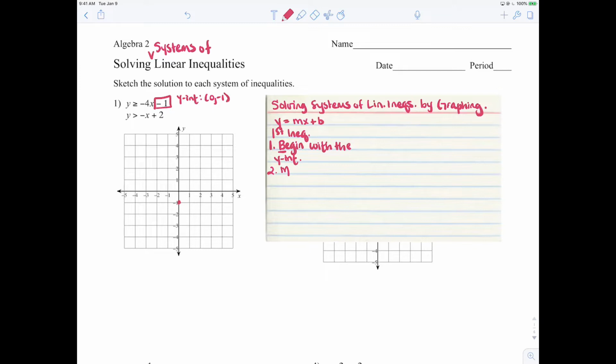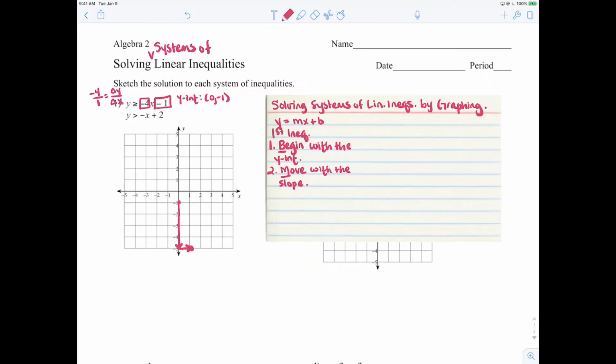And then the second step is to move with the slope. And so we see that it's -4, and -4 as a fraction is -4 over 1, and this is the change in y over the change in x, which means I will go down 4 units, 1, 2, 3, 4, and 1 unit to the right to connect the dots.